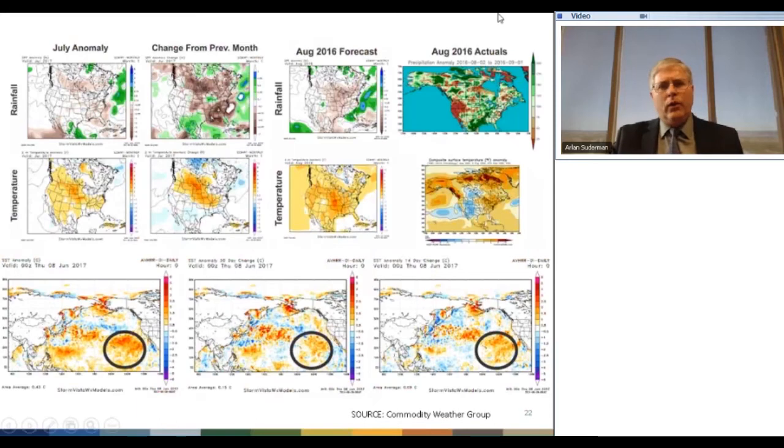Now, earlier this week, the funds got some support for their weather market when the Euro weeklies came out, and specifically I want to focus on this set of graphics in the upper left-hand quadrant of this slide. Basically this is the July anomaly that the weekly suggested for rainfall, and then below it temperatures.